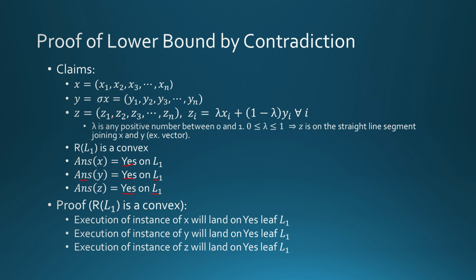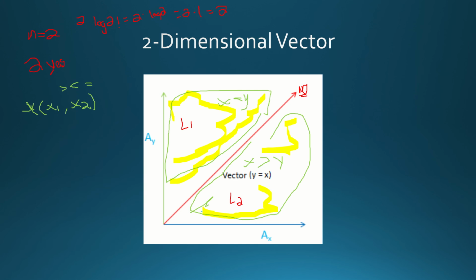So let's prove the first claim: that the region R of L1 is convex. Executing a vector of X will land us on yes on leaf one, so would Y, and so would Z. All three of them will land us on a yes of L1. So basically, we're assuming X, Y, and Z will land us on this region right here.